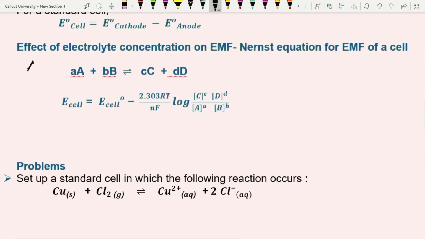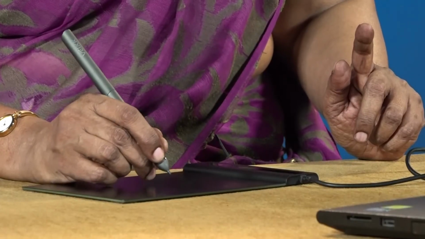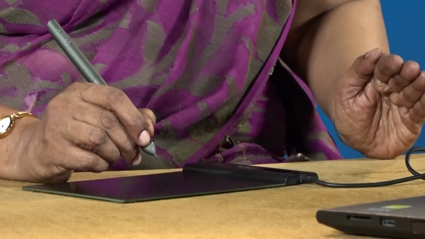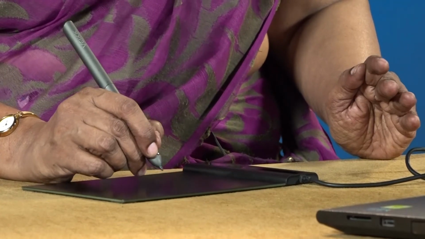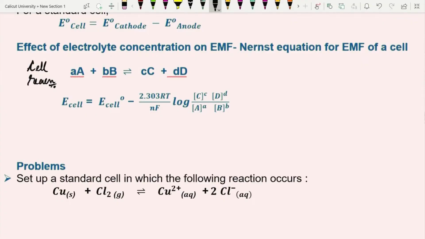Now, consider the cell reaction. So, this is the cell reaction: a moles of A and b moles of B, giving c moles of C and d moles of D. So, just an imaginary one. And I have told you that in the Nernst equation, after log, just like the equilibrium constant, we take the molar concentration of the products by the molar concentration of the reactants.